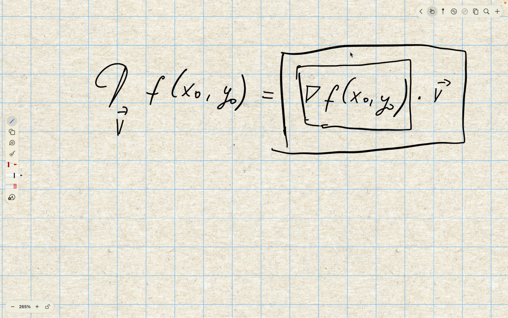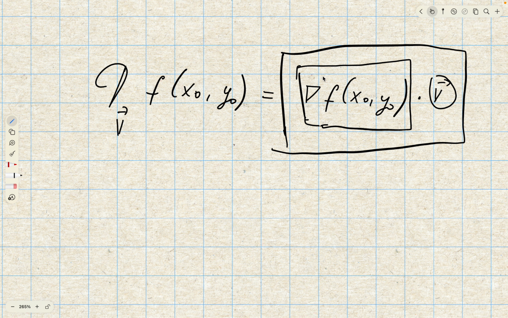So the gradient doesn't change, but what is this vector v? How can we find this vector along which, if we move, it causes the fastest change in the function f? So it simply means a dot product, and we can write a dot product like this as well.